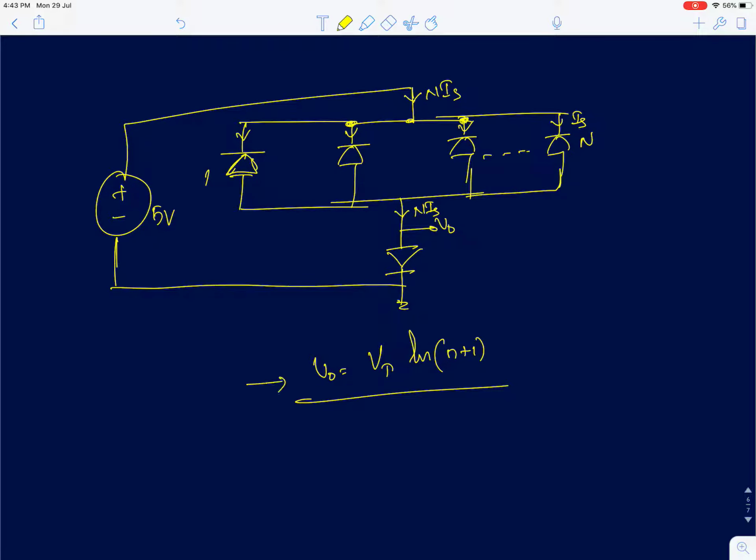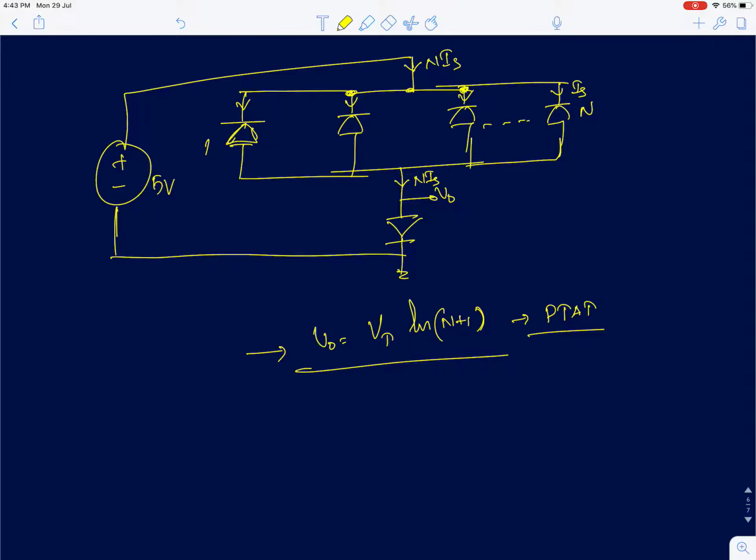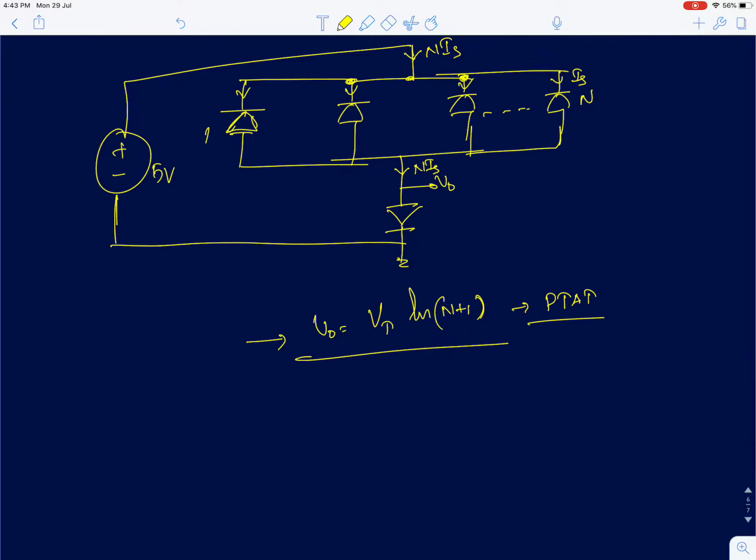I've used an exact equation, with capital N here, n plus 1. Again, this is a Ptat source. The voltage increases linearly with temperature. So very briefly, that was the dependence of the diode current equations, and how to generate Ptat and Ctat voltages using diodes.